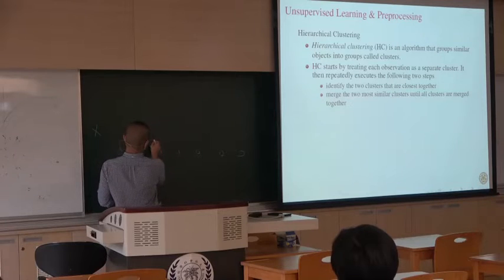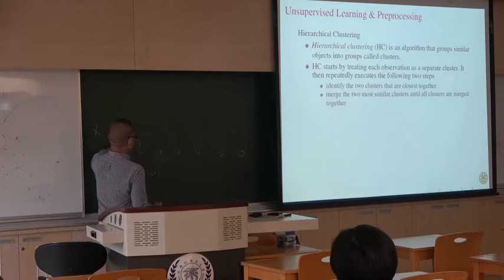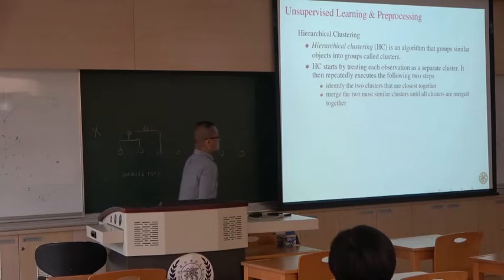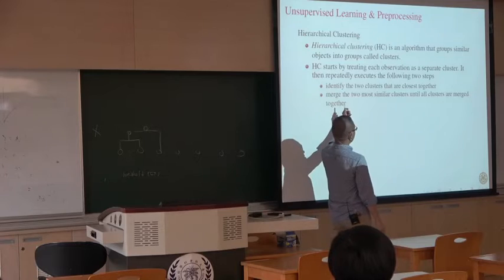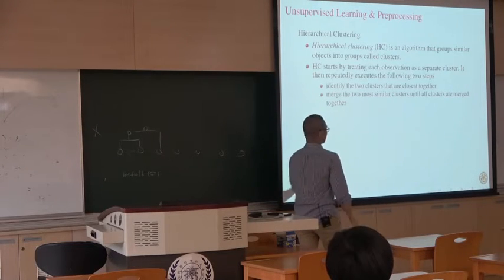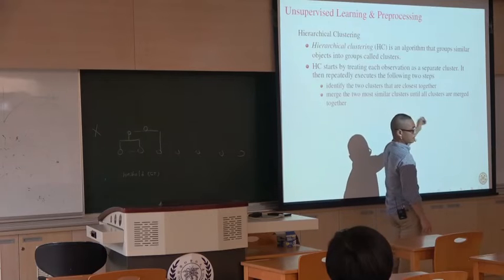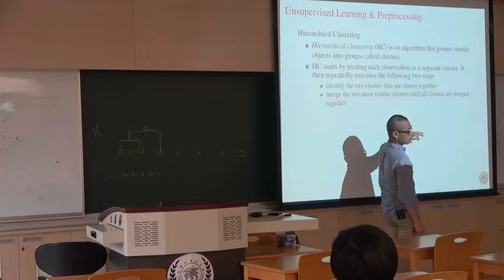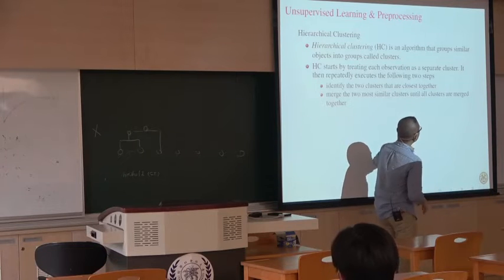And then we find that this merged point is closer to this one, so I would merge again and create another data point. So you begin by first merging the two most similar clusters, or you can say the two most similar data points, because at the very first stage, each cluster refers to a single data point.